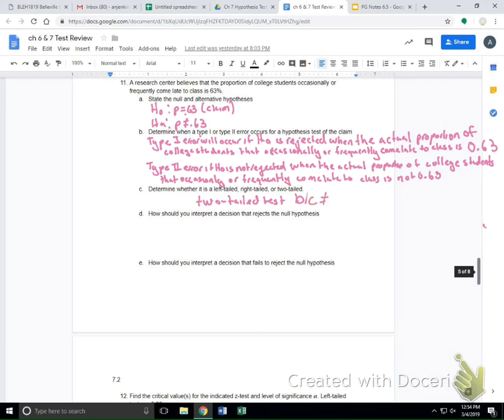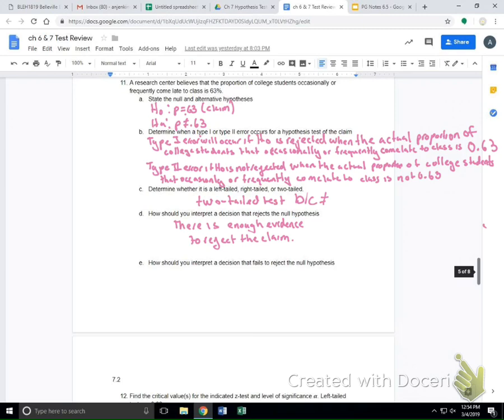And then we want to know how we should interpret the results if it rejects the null hypothesis. Based on the fact that our claim is our null hypothesis, we would say there is enough evidence to reject the claim.